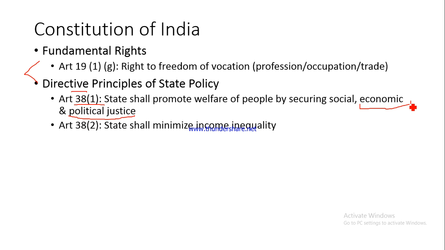So 30% of their income they will have to return to the government as the tax. So this is an initiative by the government to bring this directive principle into action, to actually make this happen. So this is what the government has been trying to do.